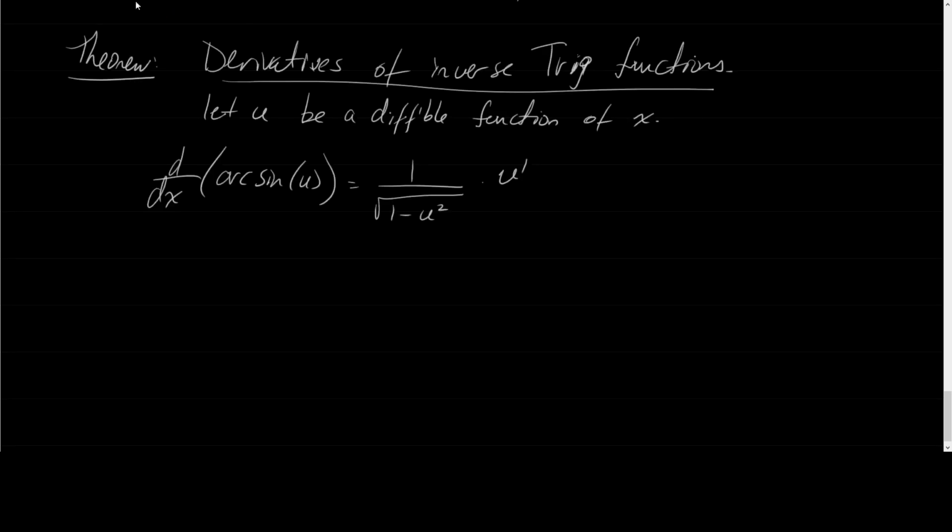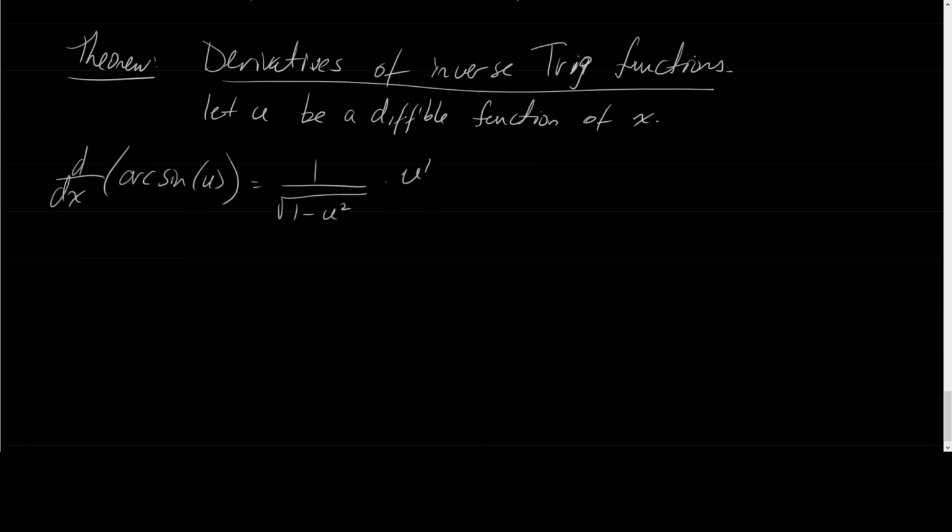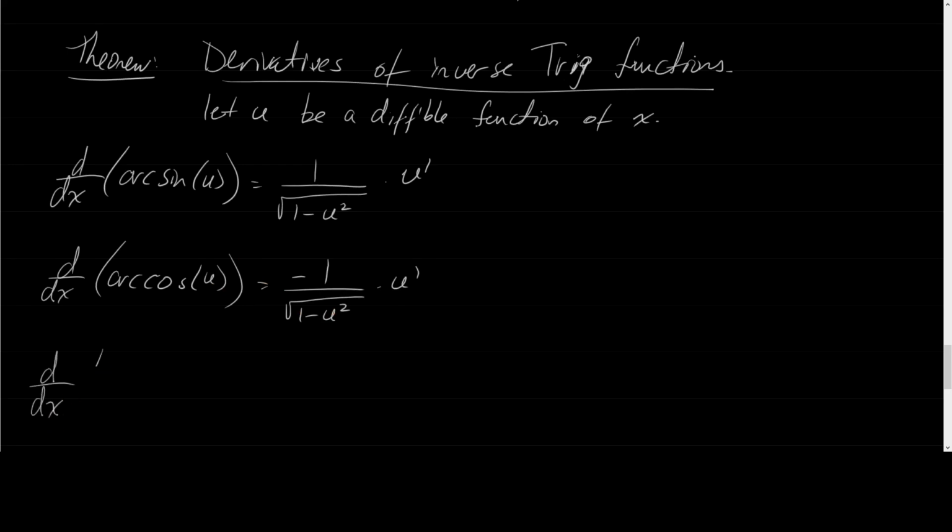That's the derivative of arcsine. Now the derivative of arccosine of u is negative 1 over the square root of 1 minus u squared times u prime.